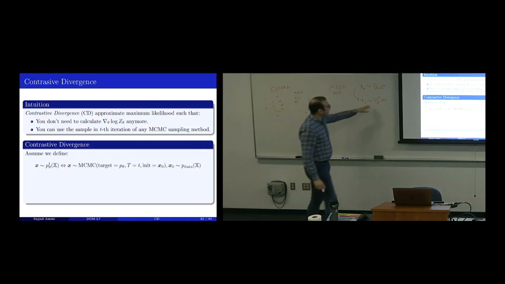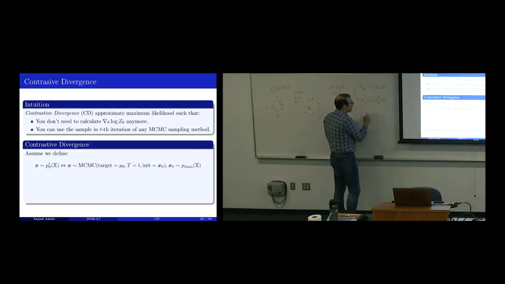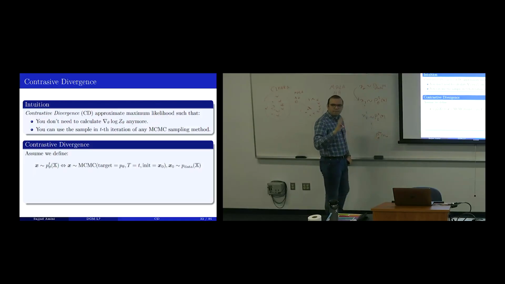So we can continue this procedure. In the general case, at the t-th iteration, your data are coming from this distribution. And we know that if we continue this procedure, at the end, what is this distribution after, for example, a large enough number of iterations?